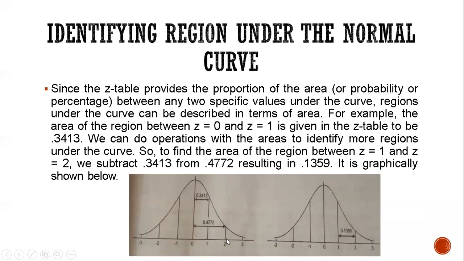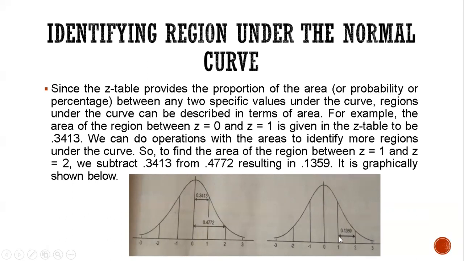Ibig sabihin, ito lang yung tinatanong. Therefore, paano siya ma-identify? Since 0 to 2 ay 0.4772, i-subtract lang natin yung nakuha natin na area from 0 to 1. So, binawas natin sa 0.4772 yung 0.3413. Ang natira na lang ngayon ay 0.1359. So, ito na itsura niya.